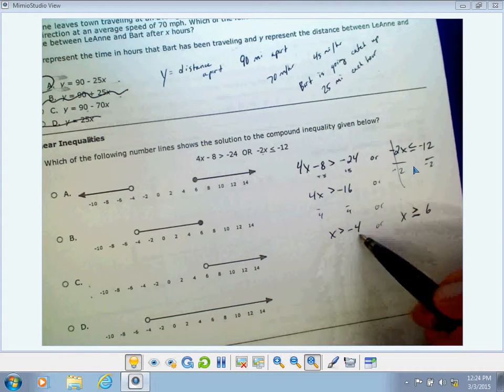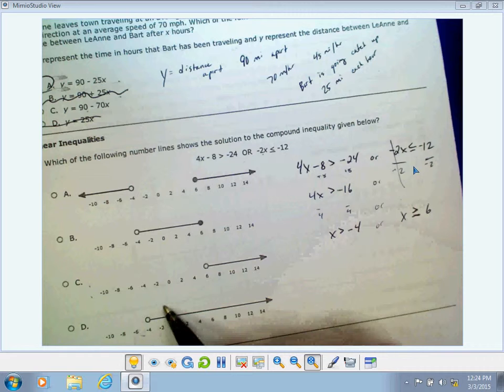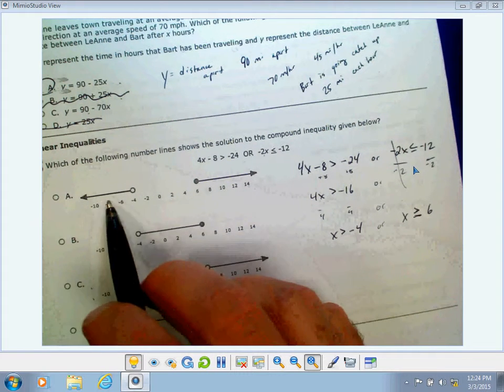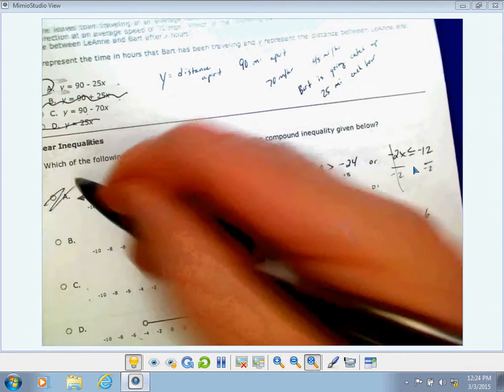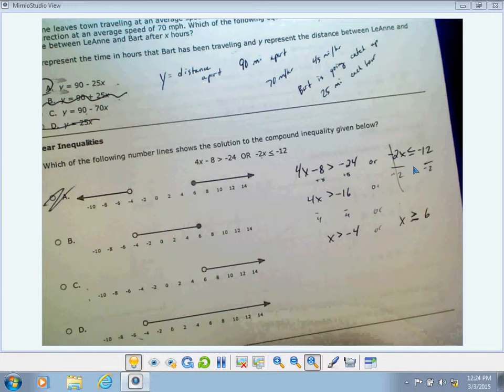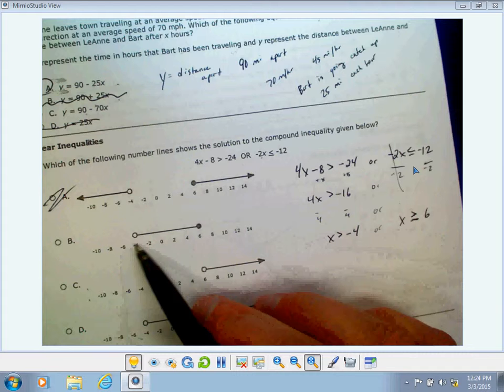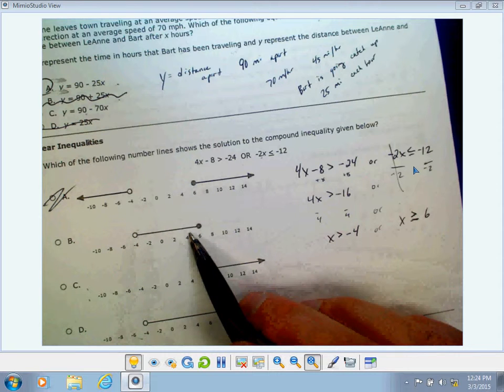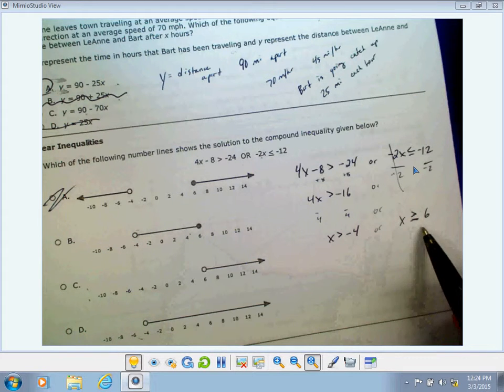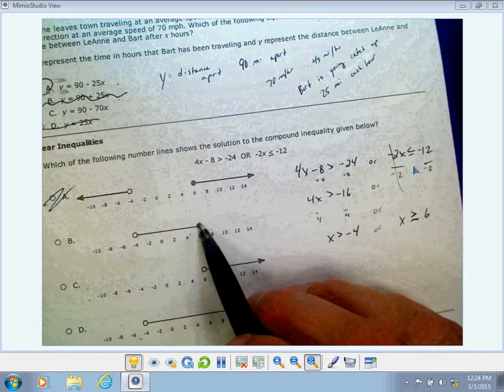Since it's an or, it means it can be either one of those things and it would be okay. If we look at this, greater than negative 4, that's what this D is graphed at. A says less than negative 4. A is no good. If we have greater than negative 4, that means open circle and shade to the right. But greater than or equal to negative 6 would mean closed circle and also shade to the right.